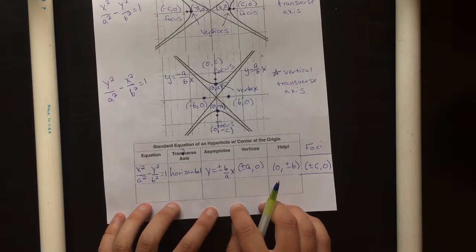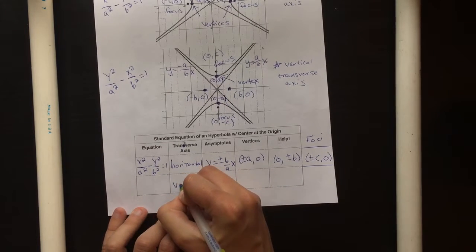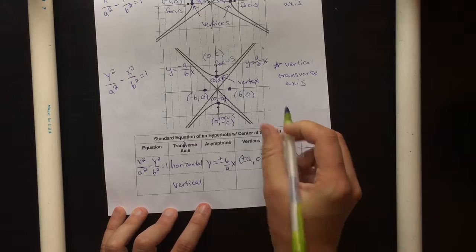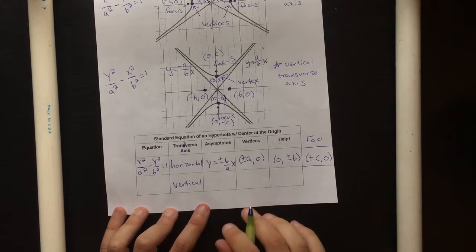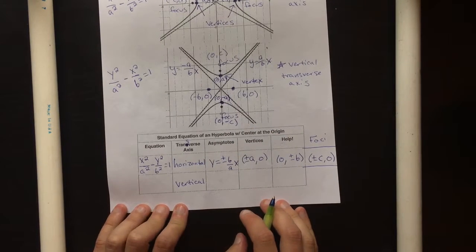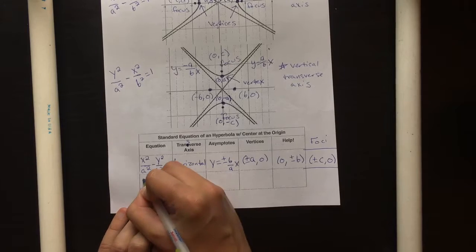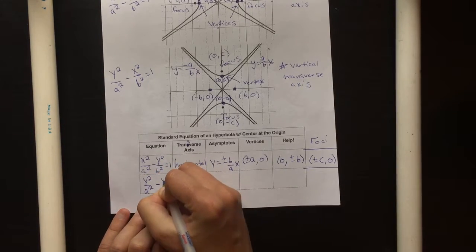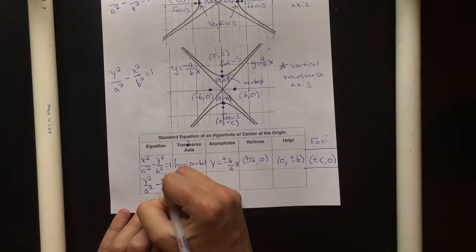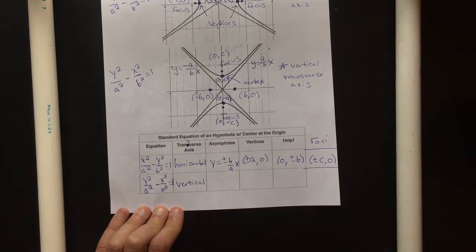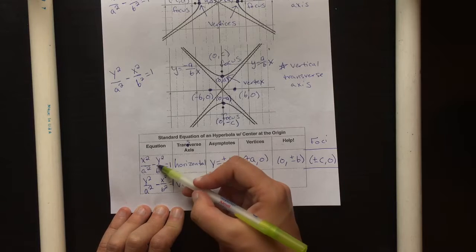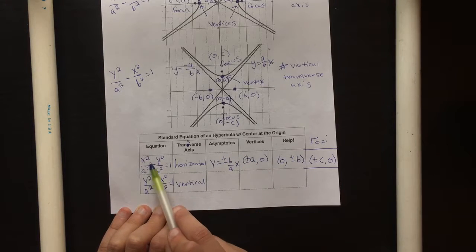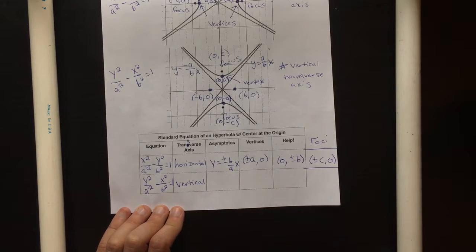And now we can move on to the vertical, which again is this one. All right, and the equation for that is y squared over a squared minus x squared over b squared equals 1. So they're similar equations, just double check where the x and the y are at.